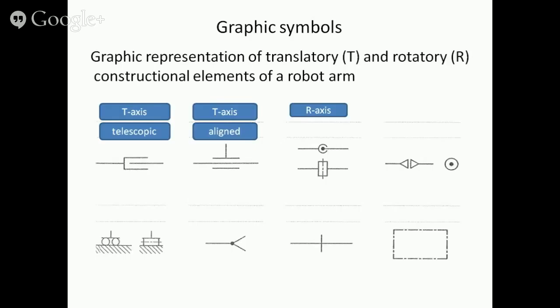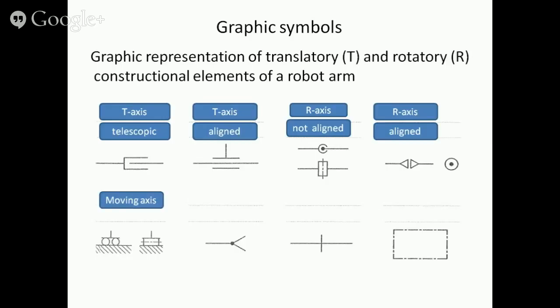R axes are of two types: not aligned and aligned. Moving axes are linear slide bases, for instance, LSB.